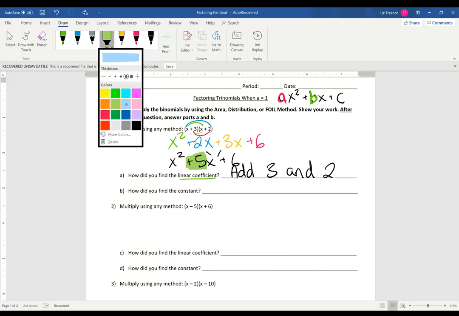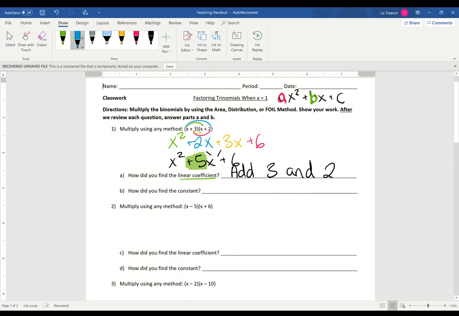Great. Now how did we get our constant? Our constant is c, which means our constant is 6. So how did we get that? We multiplied 3 and 2.